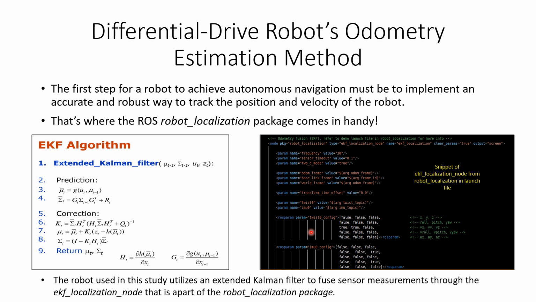And as you can see right here, I only wanted to feed back linear velocity measurements in both the x and y direction. Then in the IMU configuration, I wanted to send back angular velocity and angular position in the z direction, so the yaw angular position and the yaw angular velocity.